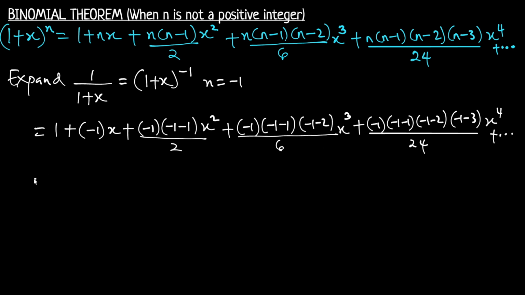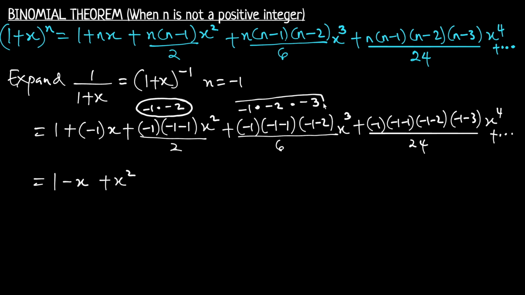And here we're going to be having 1 minus x. And let's do this. Negative 1 times negative 2 is going to be plus 2. Now this plus 2 divides these two, and that's going to be 1, so we're going to have plus x squared. This is interesting. This is going to be negative 1 again times negative 2 times negative 3, all of this equal to negative 6.